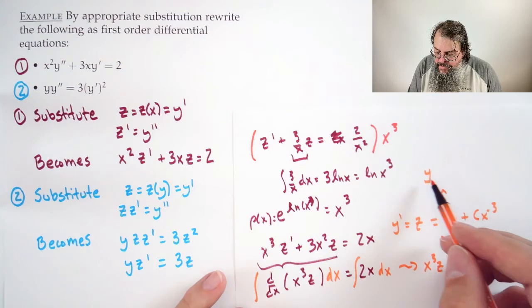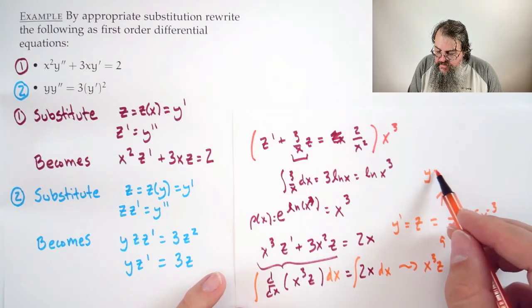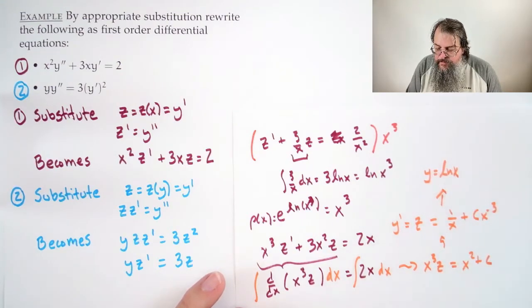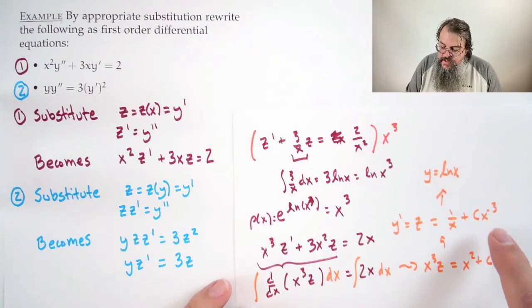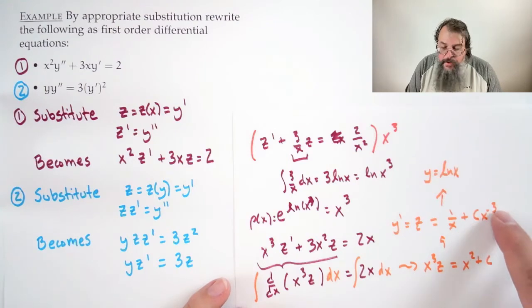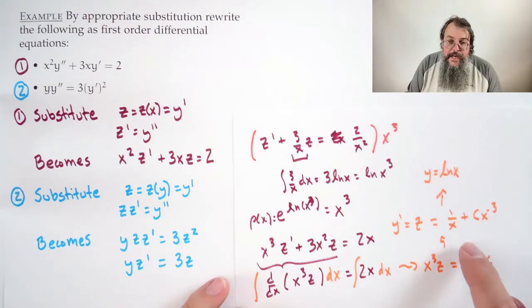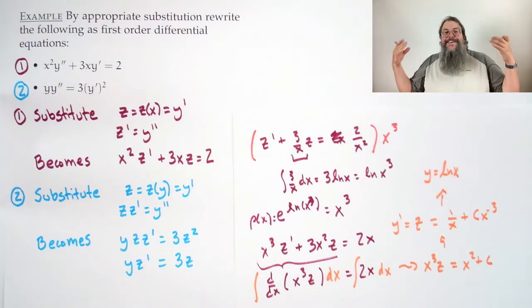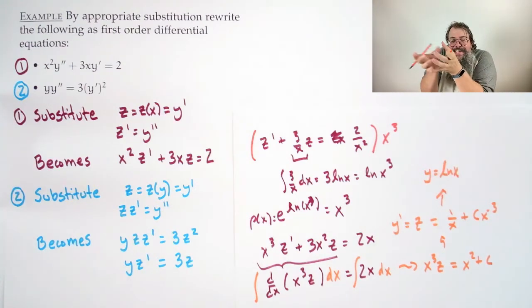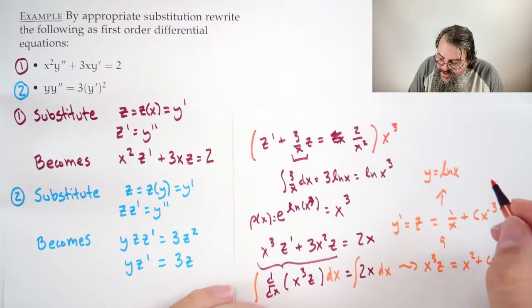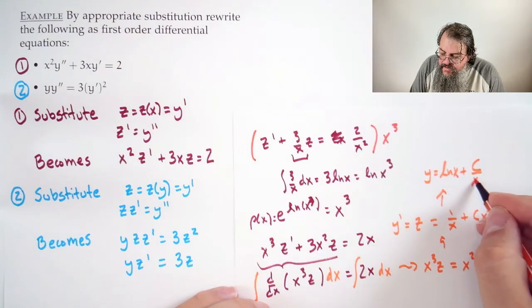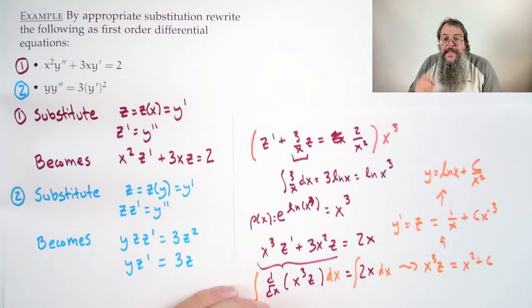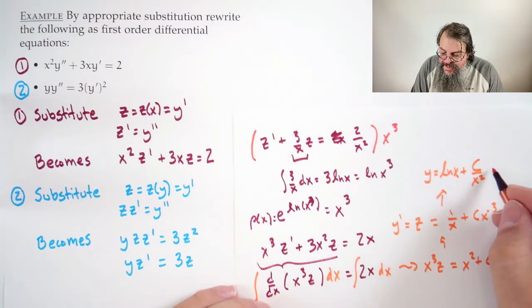We get y equals the integral of 1 over x, which is log x. The integral of some constant c x to the negative 3: you'd add 1 to the exponent to make it negative 2, and you divide by negative 2. But wait, there's a constant there, so that constant can absorb the divide by negative 2. So you end up with plus a constant over x squared, and a new constant.